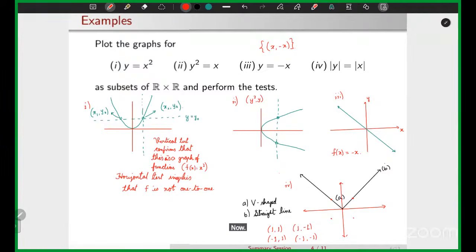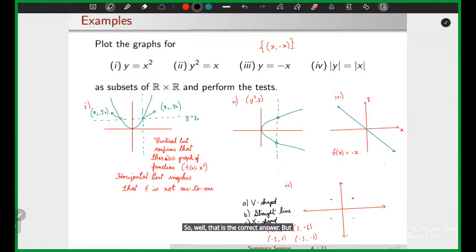Now, can you improve your guess? The graph will be X type. Like an upward V and then an upward V. So, well, that is the correct answer.